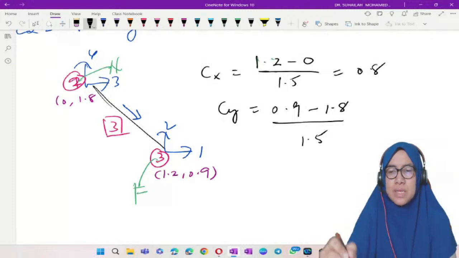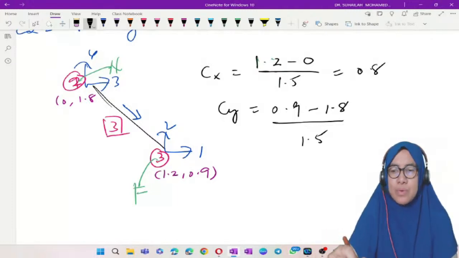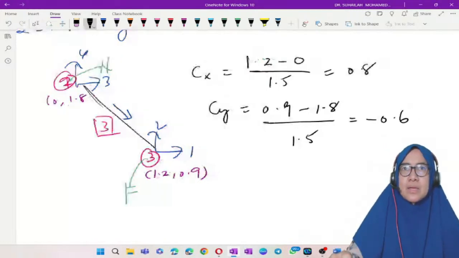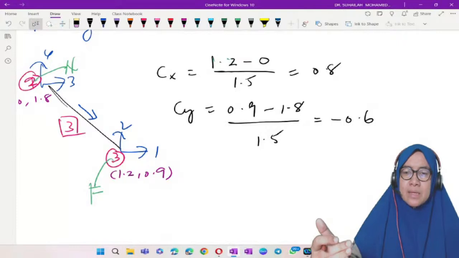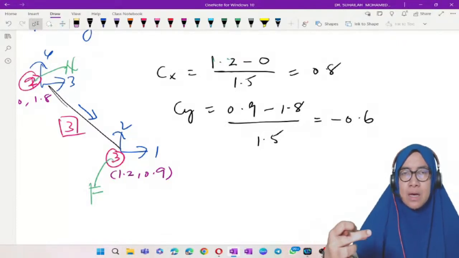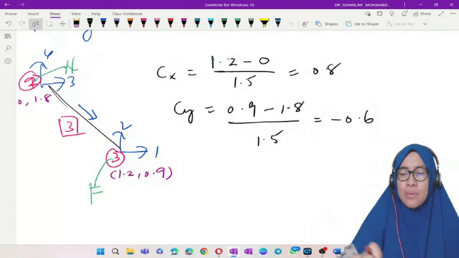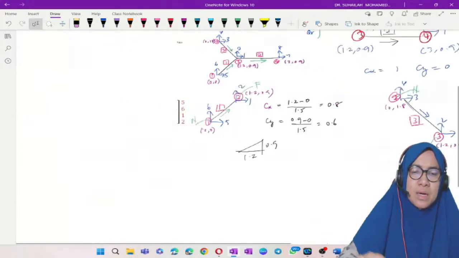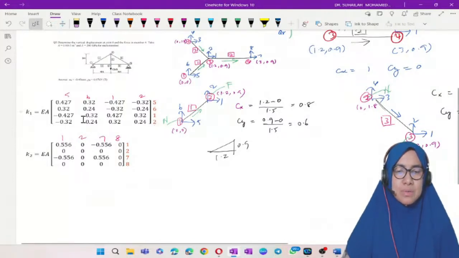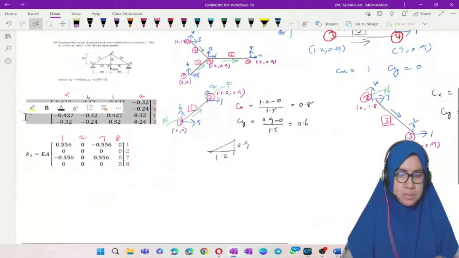So negative 0.9 gives negative 0.6. So we get Cx 0.8, Cy negative 0.6. We substitute Cx and Cy into the formula.